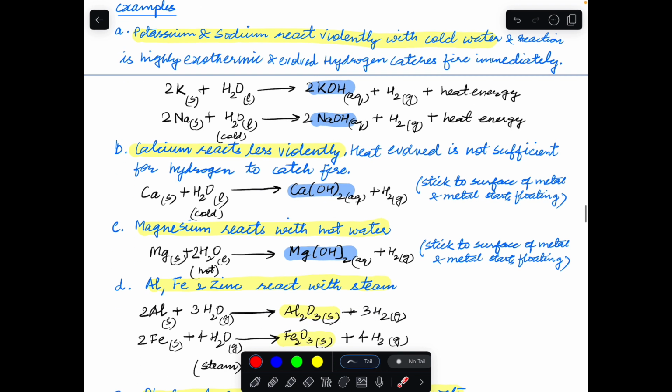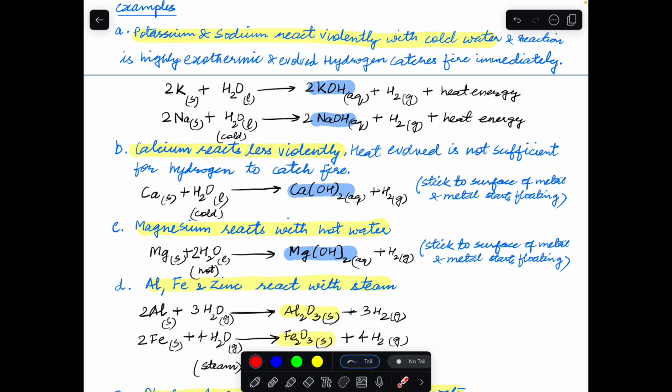In the case of magnesium, reaction is not possible at normal temperature or with cold water. It will react only with hot water. That means the reactivity of magnesium is a bit less, and we will again get magnesium hydroxide. The reason is, alkaline earth metal, so the oxide is soluble.